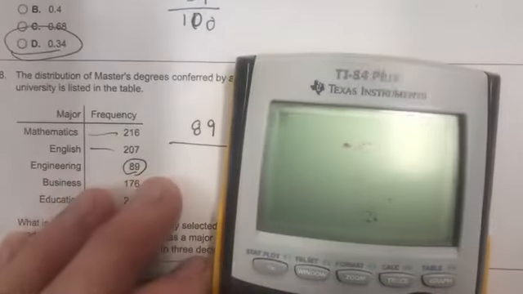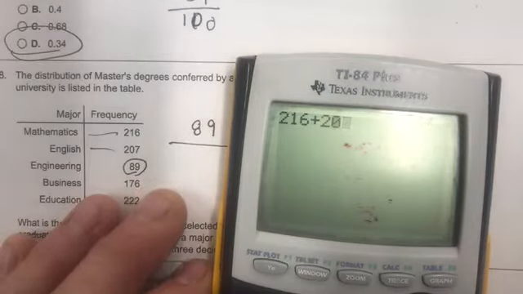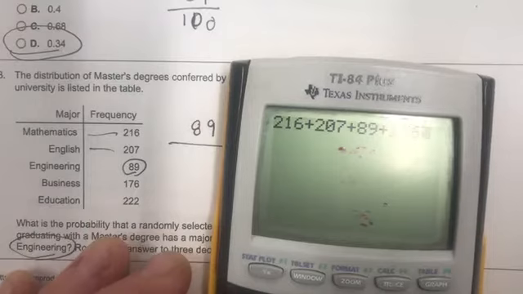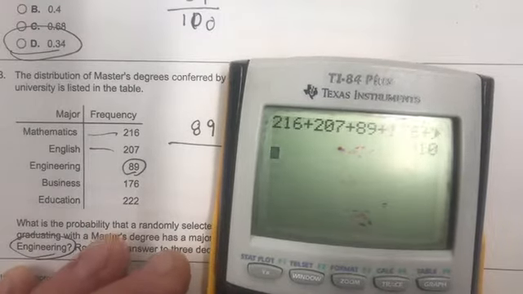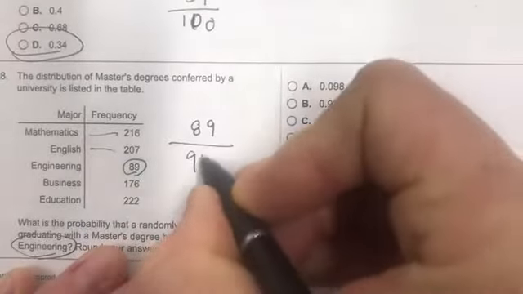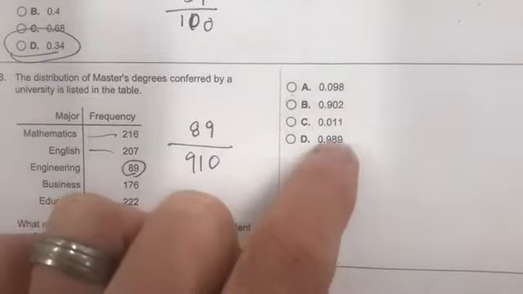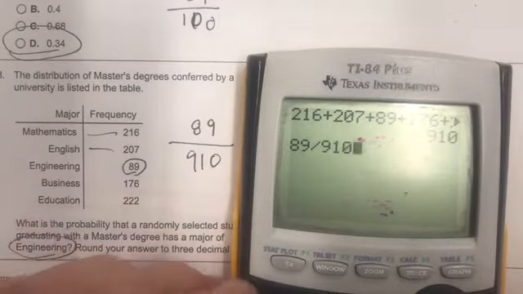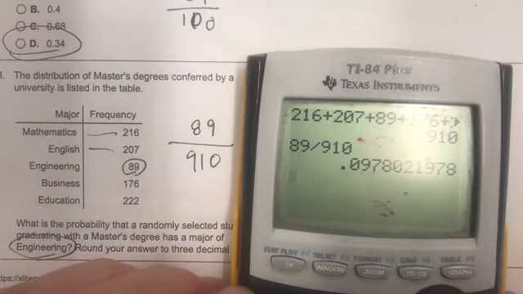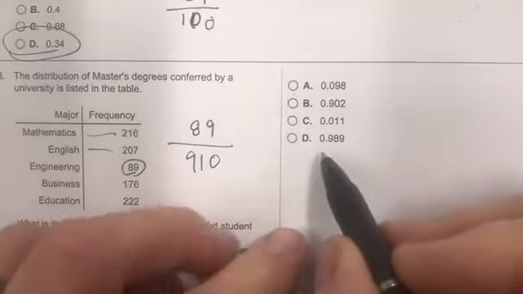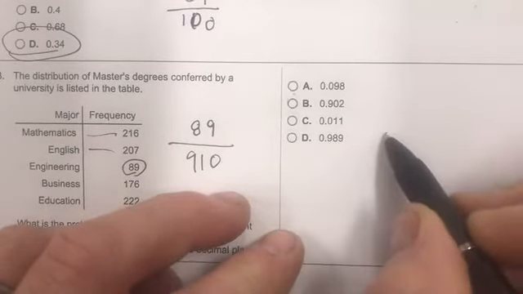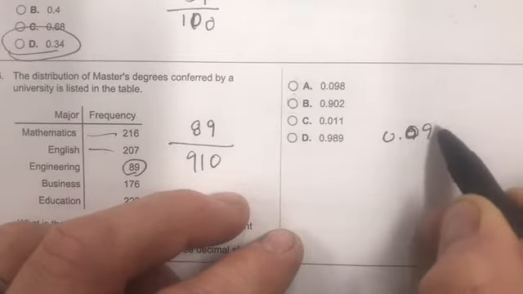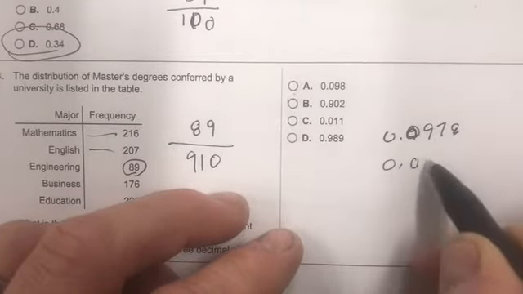I've got 216 plus 207 plus 89 plus 176 plus 222, and I get 910. Well, we've got to divide them down, see what decimal that is. So 89 divided by 910, and I got 0.098.